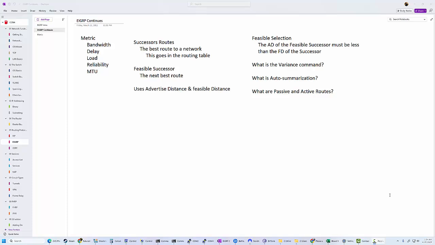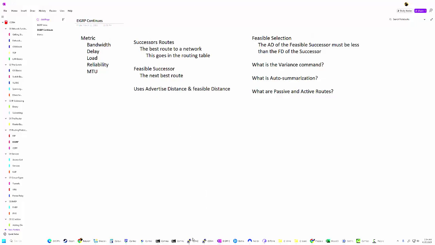So remember our K values. Those K values are used with bandwidth and delay by default, but we also have load and reliability. Now, my routers obviously are not on, so let's find out.